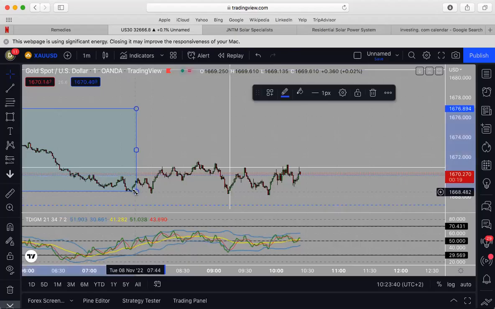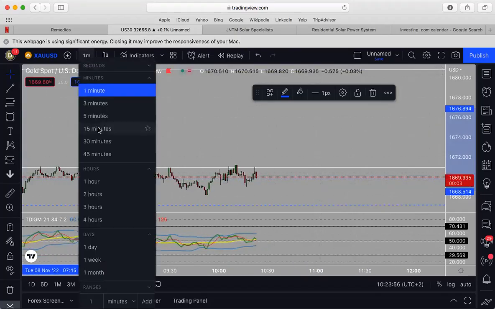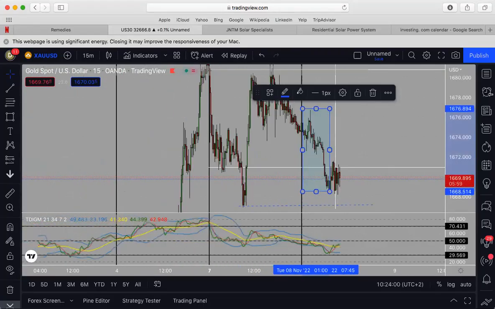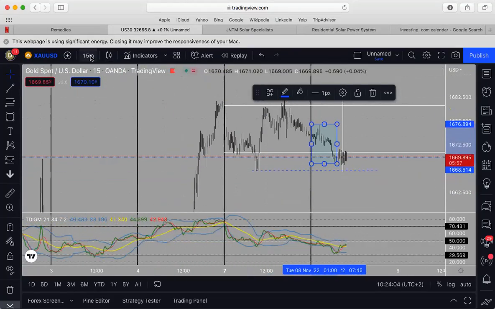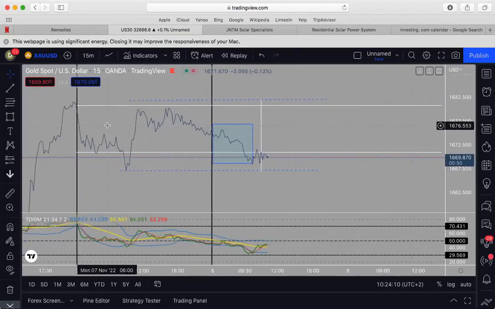It seems like the dealer just keeps on tapping the initial low of the Asian range, once, twice, thrice. So this is what we have going on right now, guys.